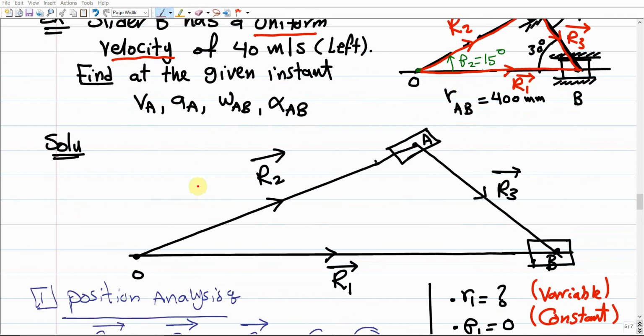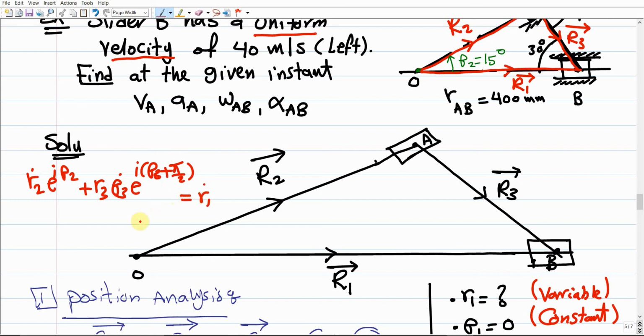So let us start first with the velocity components, and let us record equation number 2, the loop closure equation for the velocity analysis that we got. It was in the form R2 dot e^(i theta 2) plus R3 theta 3 dot e^(i(theta 3 plus pi over 2)) equals R1 dot.